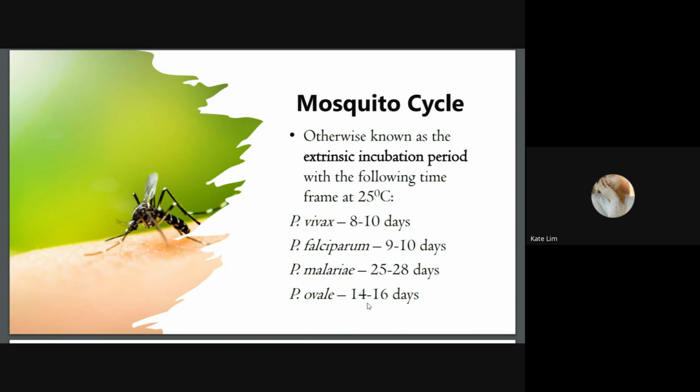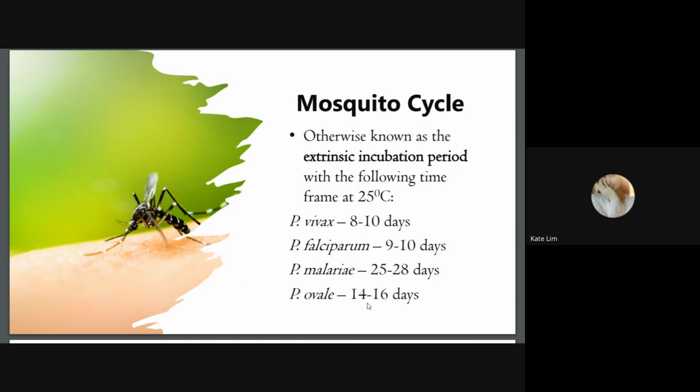This longer incubation period means that mosquitoes carrying Plasmodium malariae might take longer to become infectious. It takes Plasmodium malariae 28 days to become infectious and infect humans.